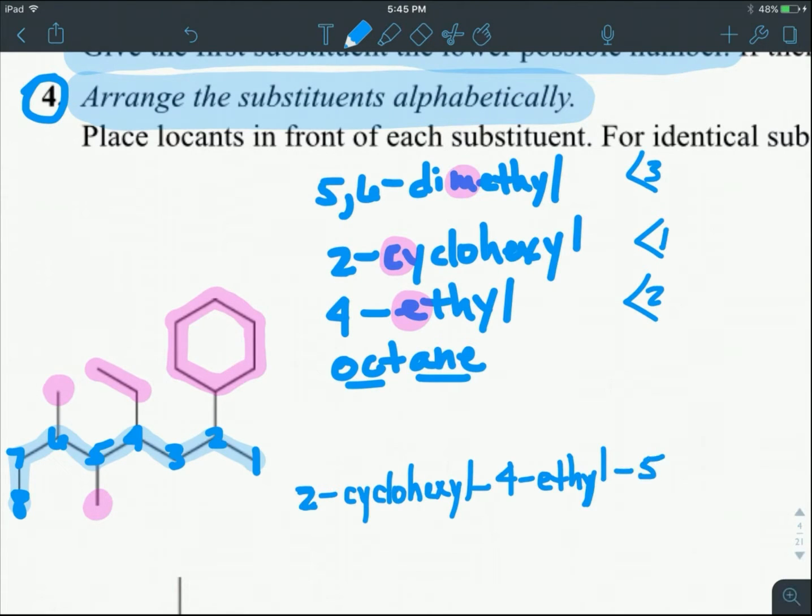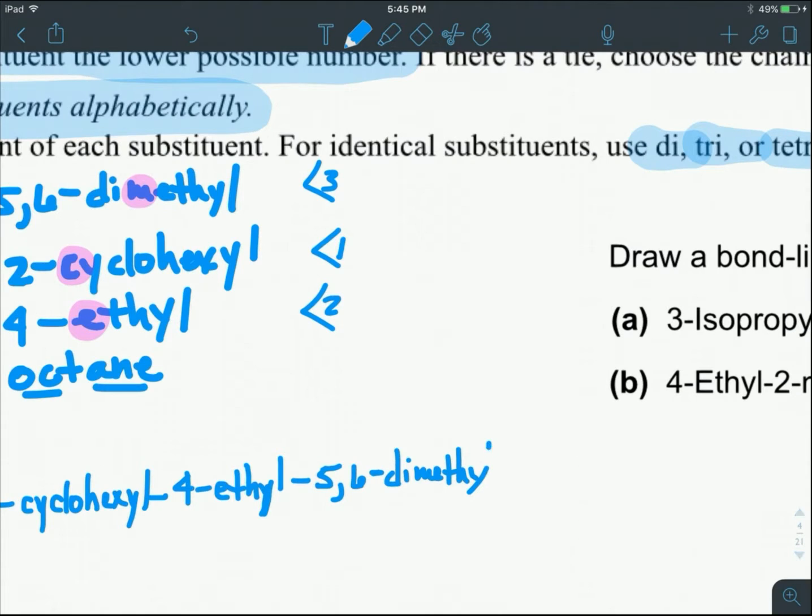And then 5, 6, separate numbers. 5,6-dimethyl. And the root is octane.